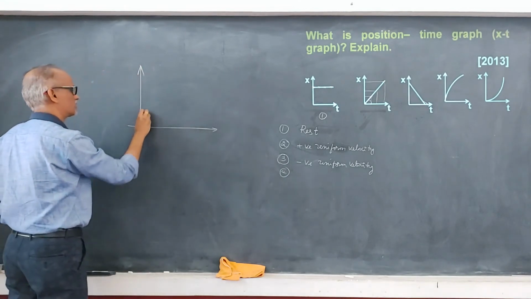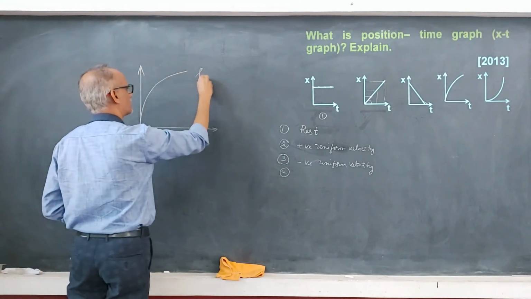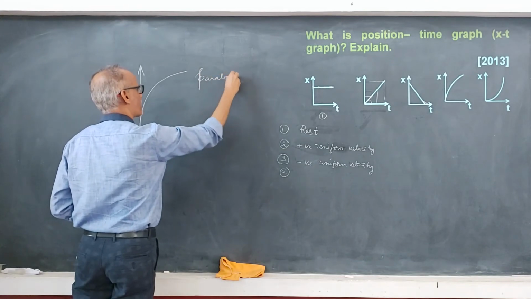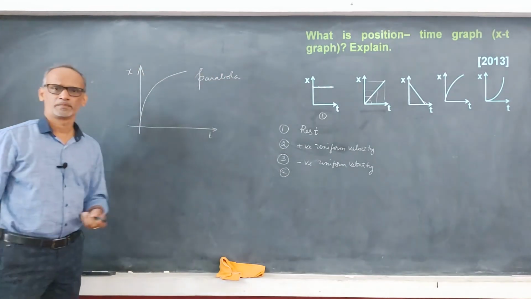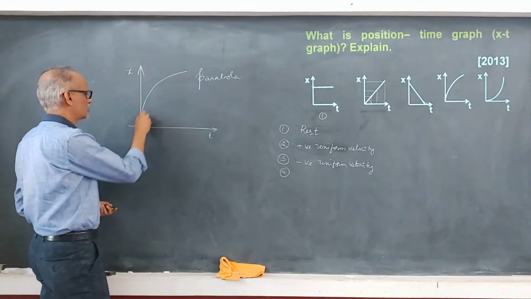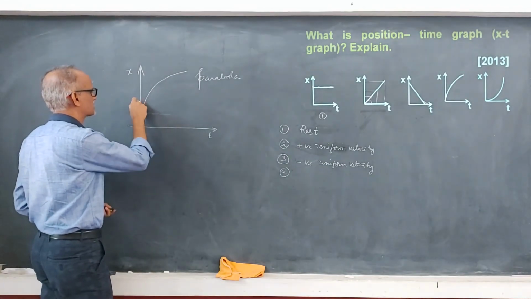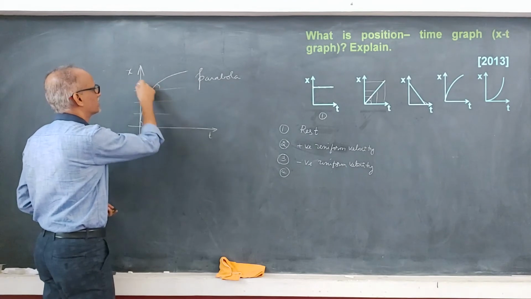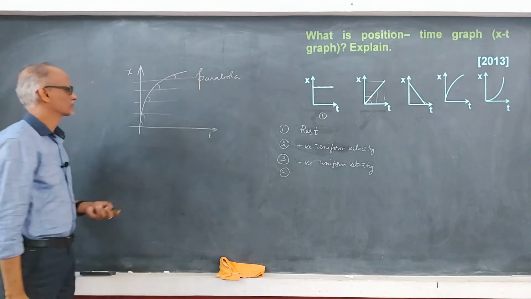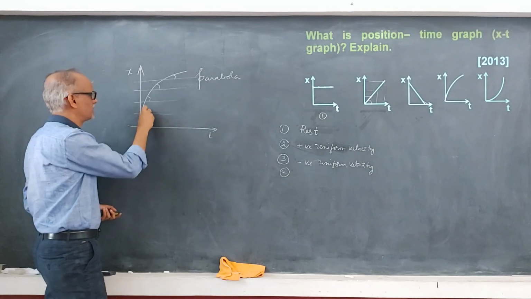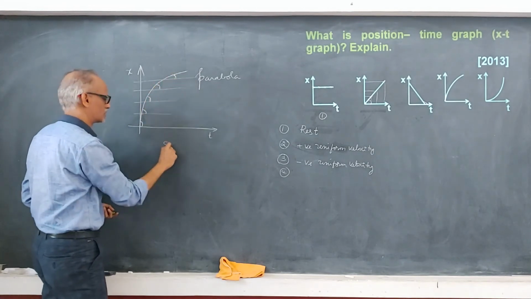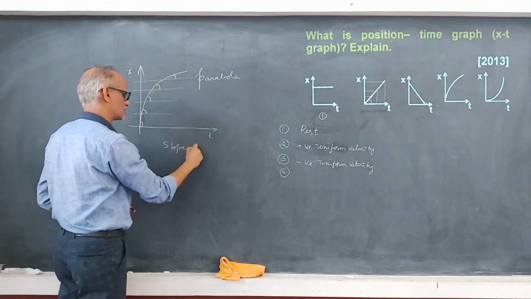It is a structure which we call parabola. In this, you can see the slope continuously changes. This angle continuously changes. You can see it is maximum and then it decreases. So slope decreases.